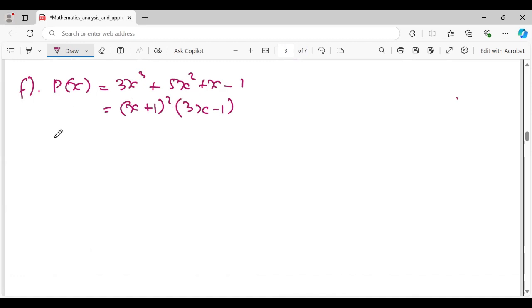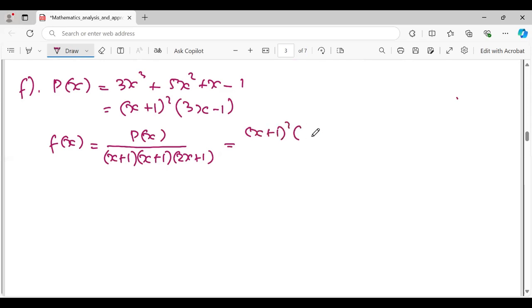So according to the statement, f(x) equals p(x) over (x plus 1) q(x), meaning (x plus 1)(2x plus 1), and p(x) is (x plus 1) squared (3x minus 1).